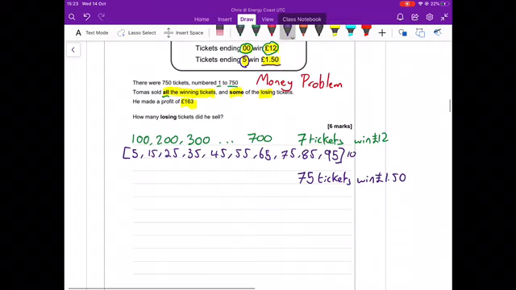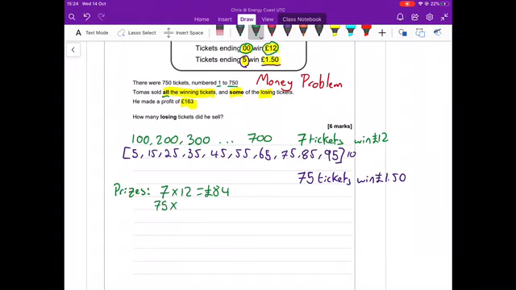Right, let's work out how much money he's given away. So in prize money, he's given away 7 lots of 12 quid. They've won the jackpot. So they've got 7 times 12, which is £84. But then quite a lot of people have won some money, so 75 times £1.50.